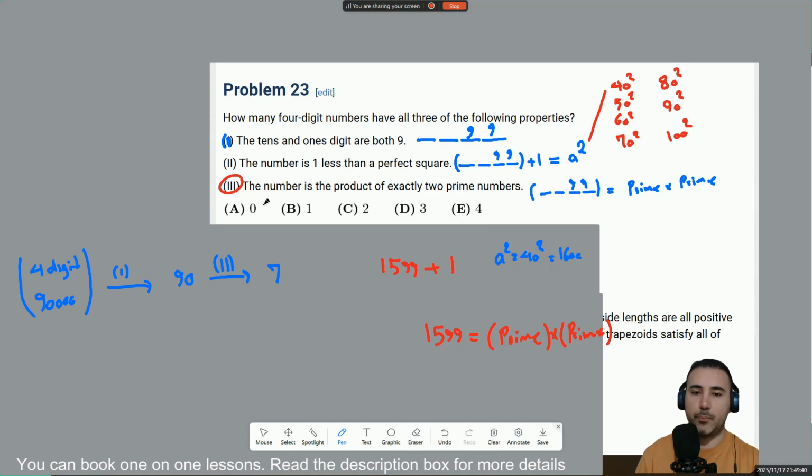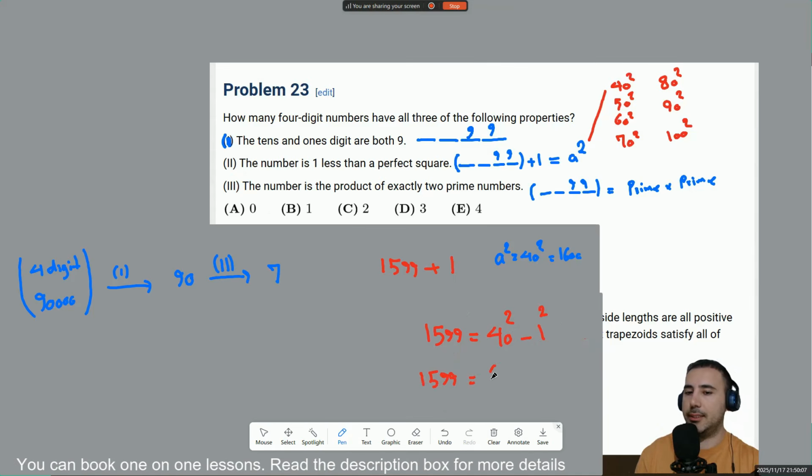I already told you. So we're not going to do prime factorization of this because we know 1599 is actually equal to 40 squared minus 1, right? So that means 1599 is equal to what? 1 squared is also 1.